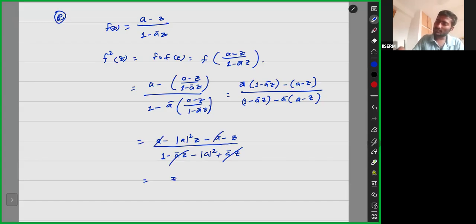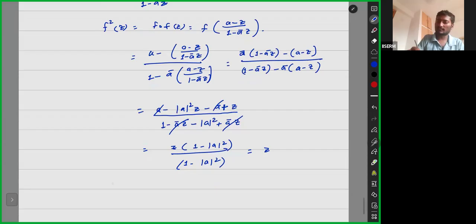Z is common, so Z times (1 minus mod A square) divided by (1 minus mod A square). This is equal to Z. So this implies f is self-inverse.